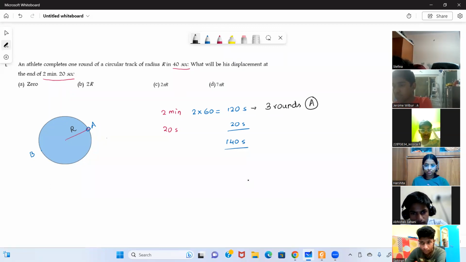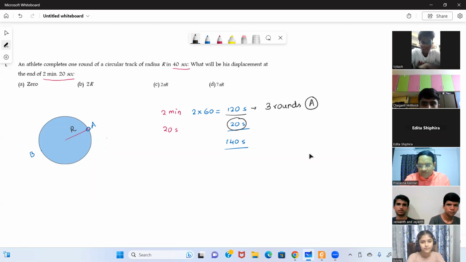He will start at A and he will end again at A. So displacement will be 0. Correct or not? If the question was 120 seconds. But it is 140 seconds, 2 minutes 20 seconds. So in the remaining 20 seconds, he is going to continue running. In 40 seconds, he will complete one round. So in 20 seconds, how many rounds will he complete, students?